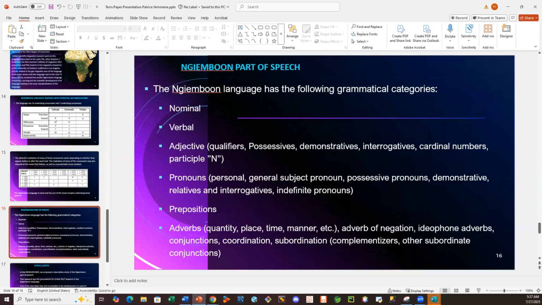And so for the part of speech, we have the nominal. This is to say noun. And in this language, it's a bit complex compared to Indo-European languages, for example, because in the Ngiemboon language, the nouns are not classified by masculine or feminine or plural or singular. On the contrary, they are classified by noun classes. And each noun class is defined based on a specific prefix that that noun will take given its appearance in a sentence with other words.